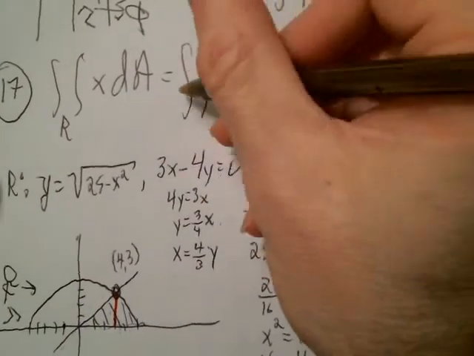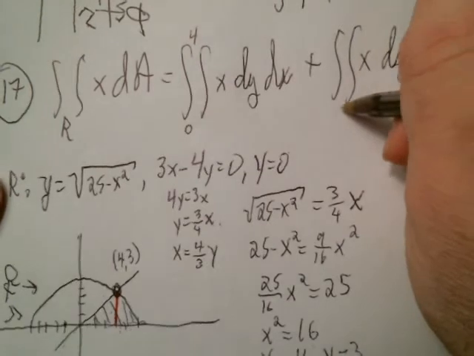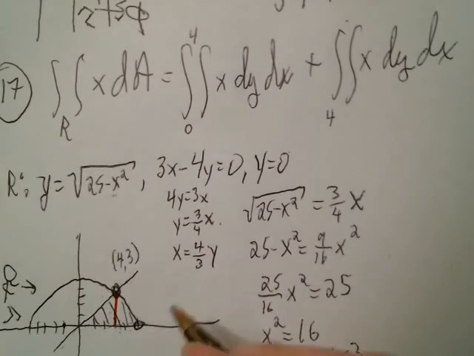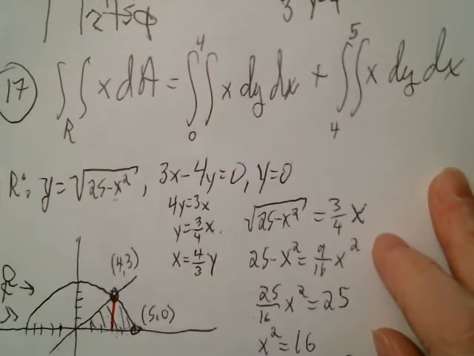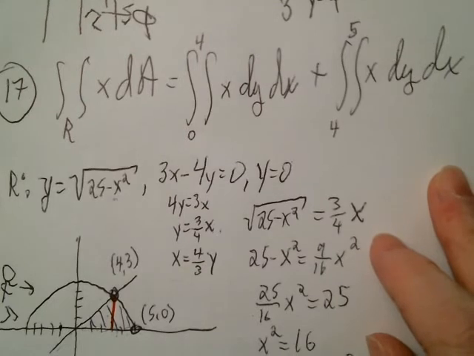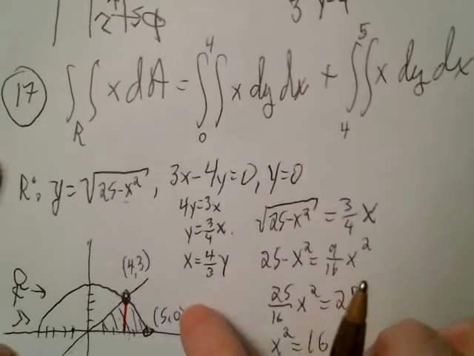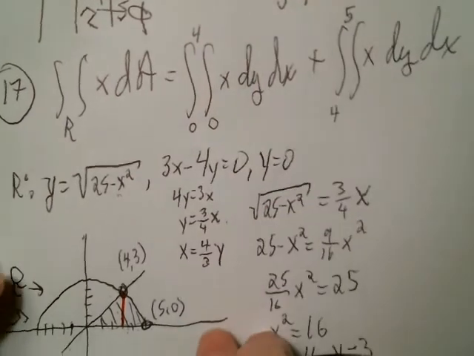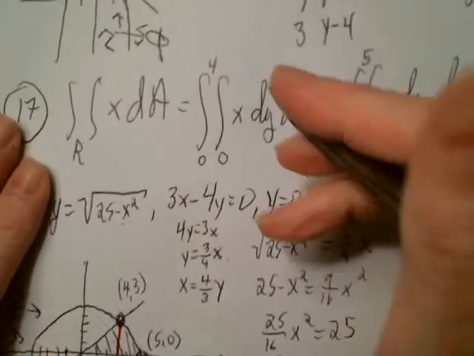So the Riemann man is first going from 0 to 4, and then from 4 to whatever this point is, and we know because it has radius 5, that must be the point (5, 0). So here will be 5. Oh sorry, I didn't do the integral. So in the first case, it goes from y equals 0, which is the x-axis, to y equals this line, which is 3/4 x.